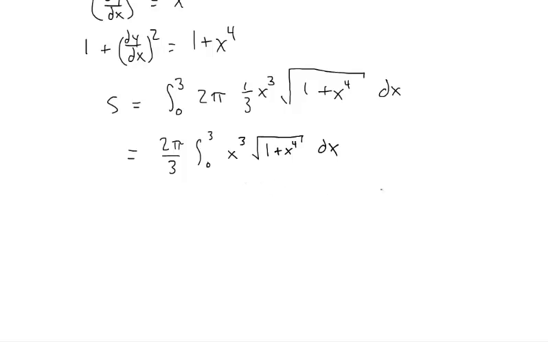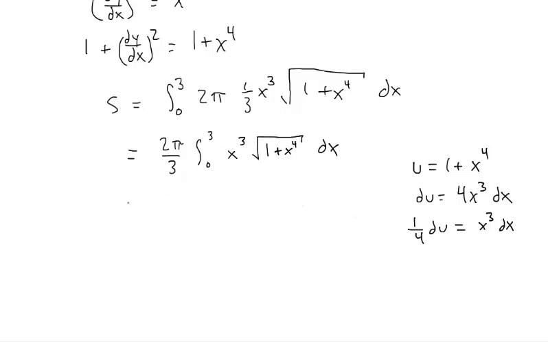And now to integrate this, we're going to need to use u substitution. So u is equal to 1 plus x to the fourth, and du is equal to 4x cubed dx. And now I'm going to write this as 1/4 du is equal to x cubed dx.